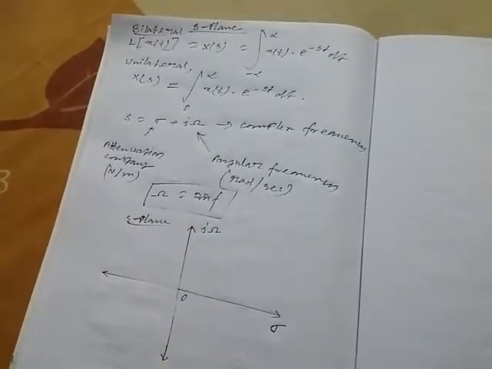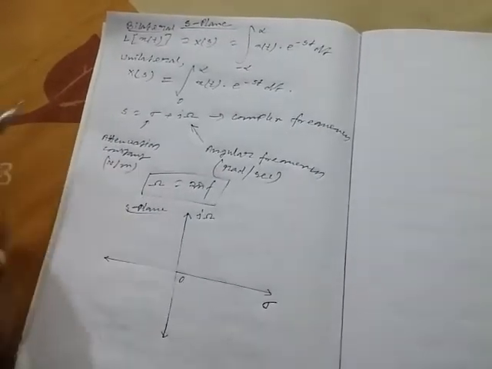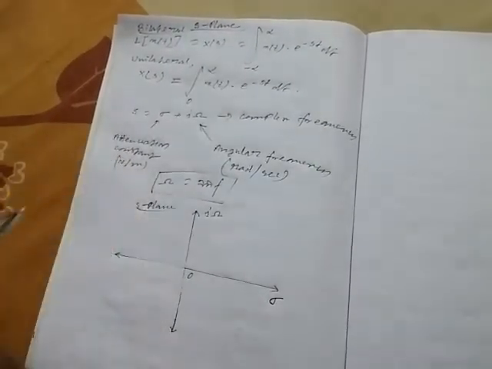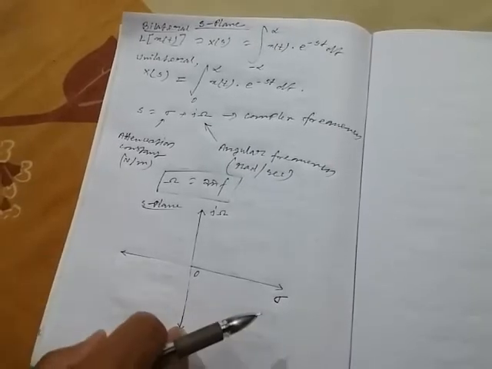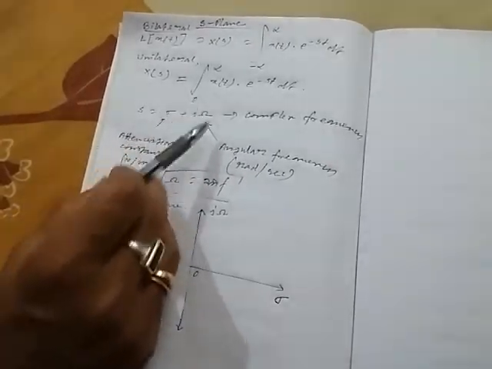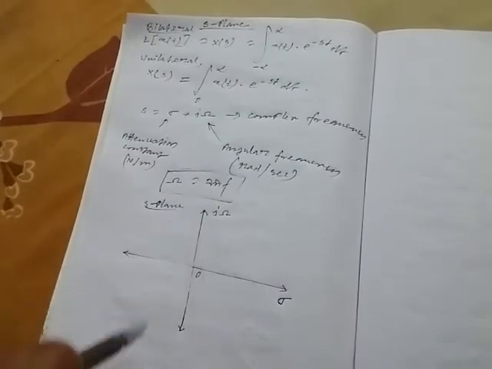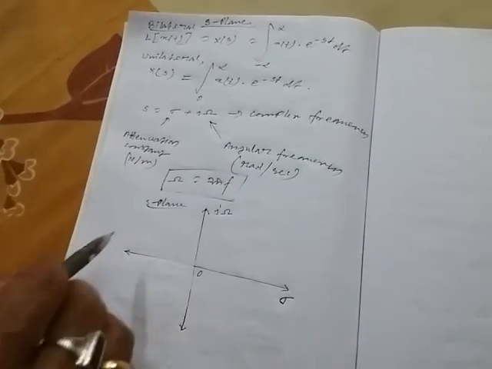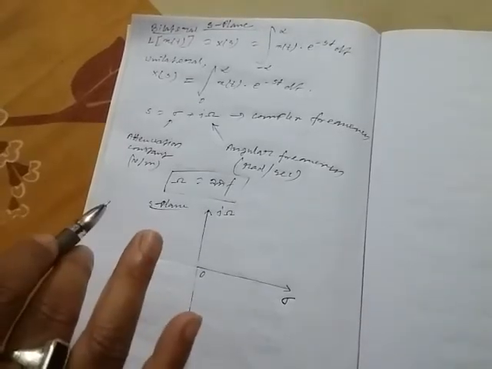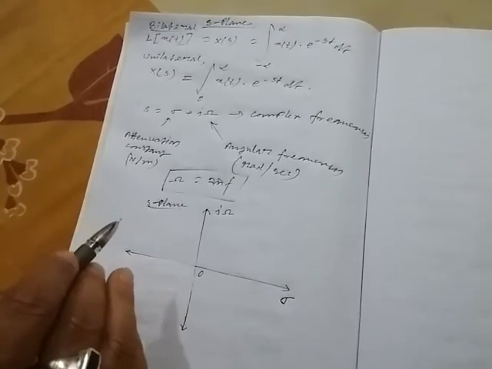Since s is a complex quantity, the real part of s is written along the x-axis, or horizontal axis, and the imaginary portion of s is written along the y-axis, or vertical axis. That's why this is called the S-plane.